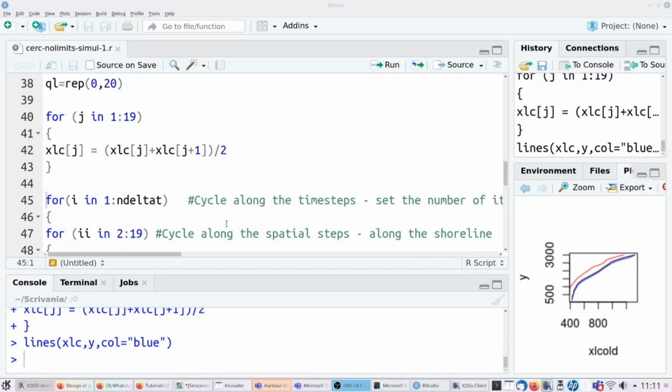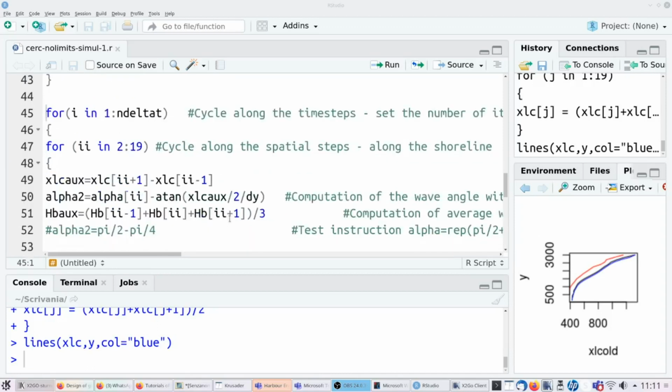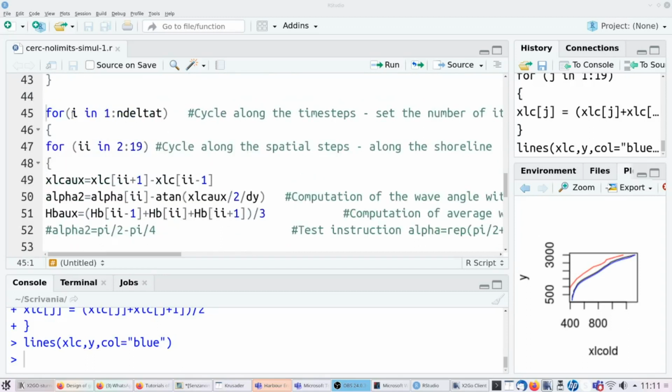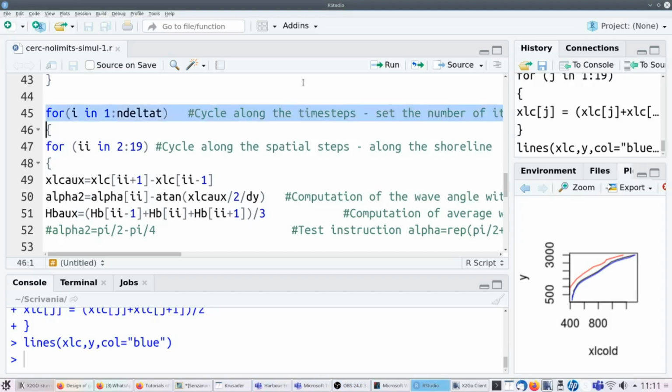Now we are ready to start our simulation, and I am putting the related script at the top of our script window. As I said, the simulation is articulated over 2 subsequent cycles. The first one is over the time steps.